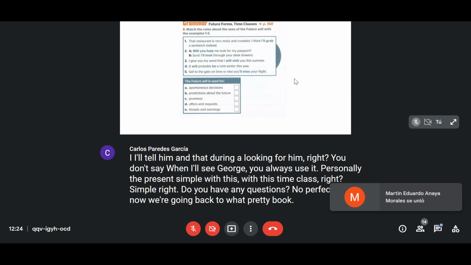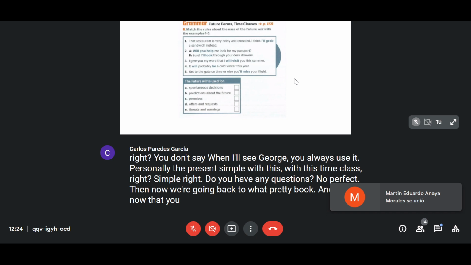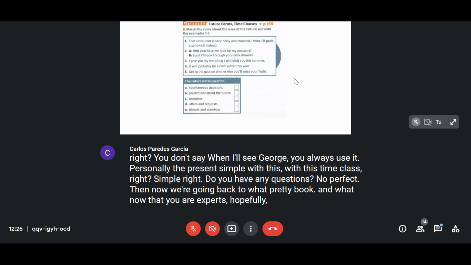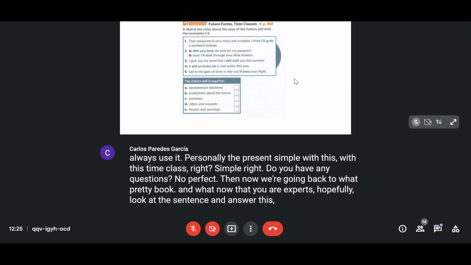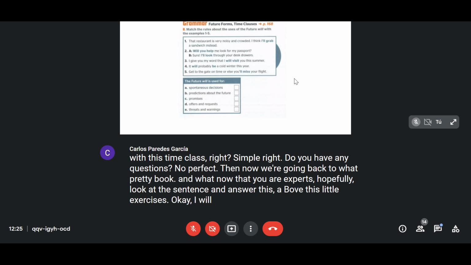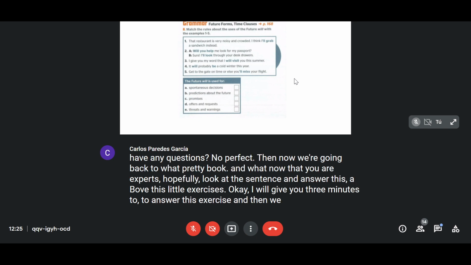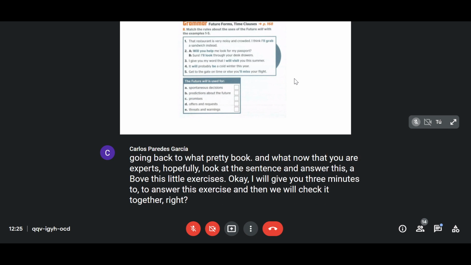And now that you are experts, hopefully, look at the sentence and answer this little exercise. Okay, I will give you 3 minutes to answer this exercise, and then we will check it together. All right. What you have to do is just read the rules.